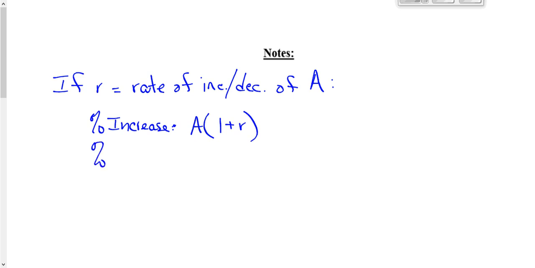And for percent decrease, it'd be our starting amount, A, times what? 1 minus the rate, just like we've been doing. Okay? Now you can probably imagine we'll put an exponent on there. Because if something increases a certain amount over a certain period, a certain number of times, we just put that number into the exponent. Okay? All right.